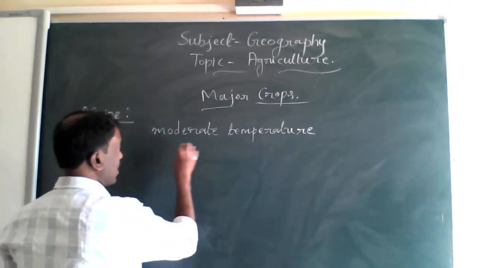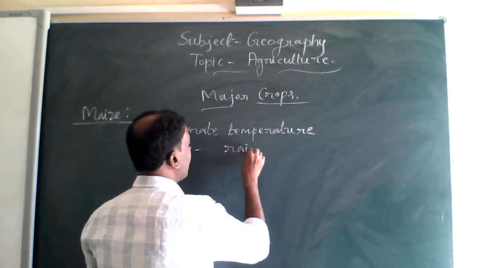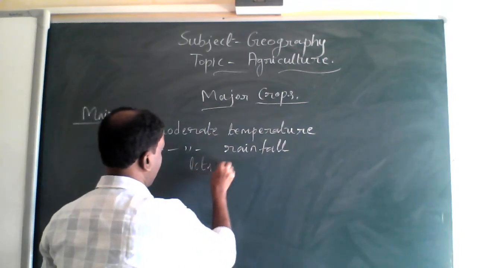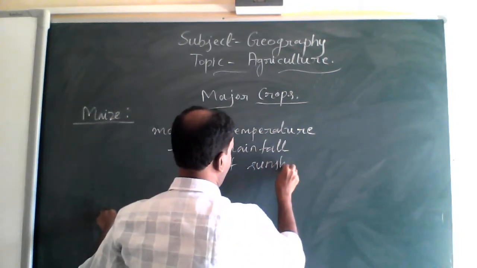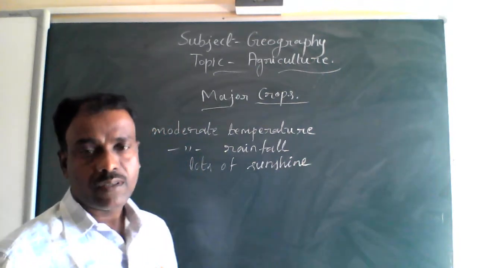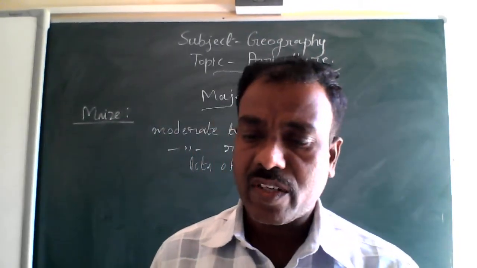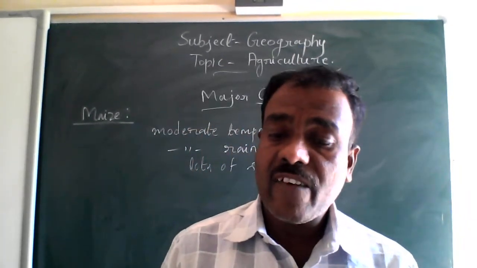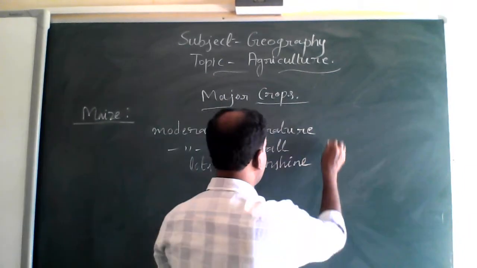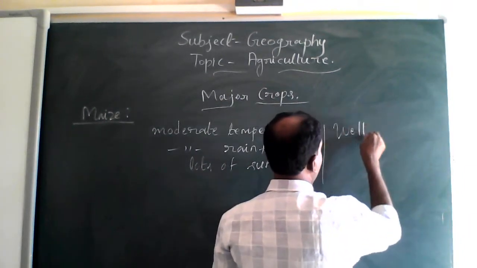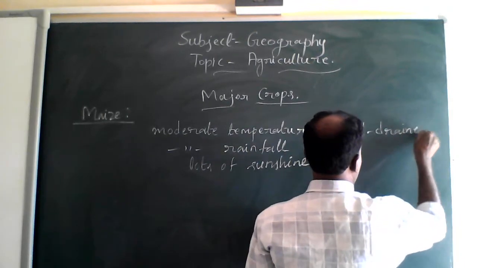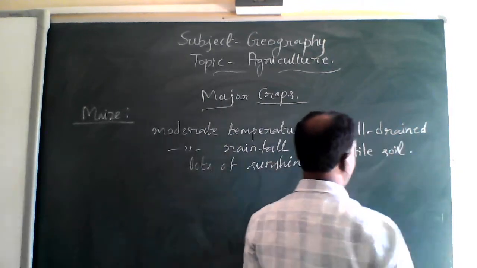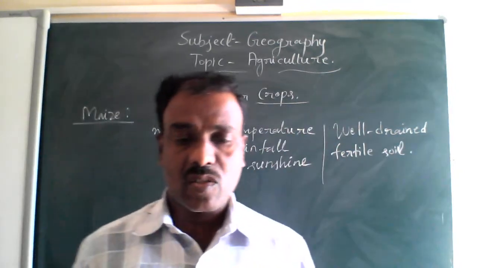Okay, moderate temperature, moderate rainfall, and lots of sunshine. Got it now? See, what kind of soil does it need? Especially well drained, fertile soil. So it needs well drained, fertile soil.